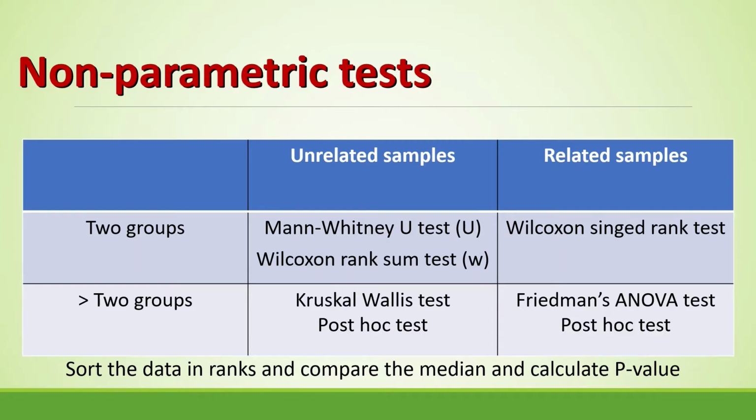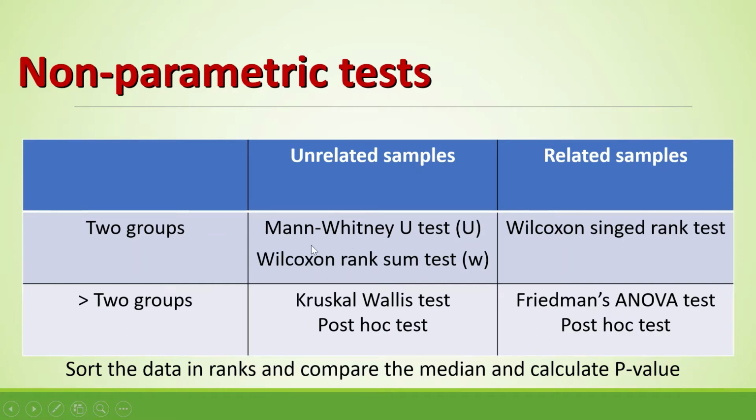So if you have 2 groups that are unrelated, and you want to compare these 2 groups, and those groups are non-parametric, then we use a Mann-Whitney U test.